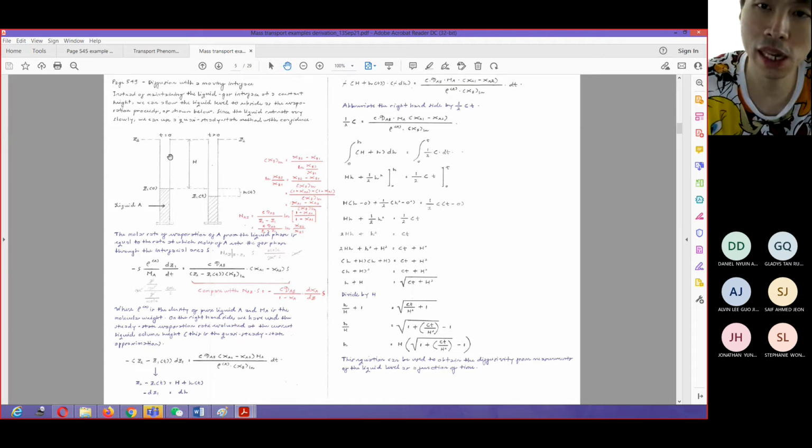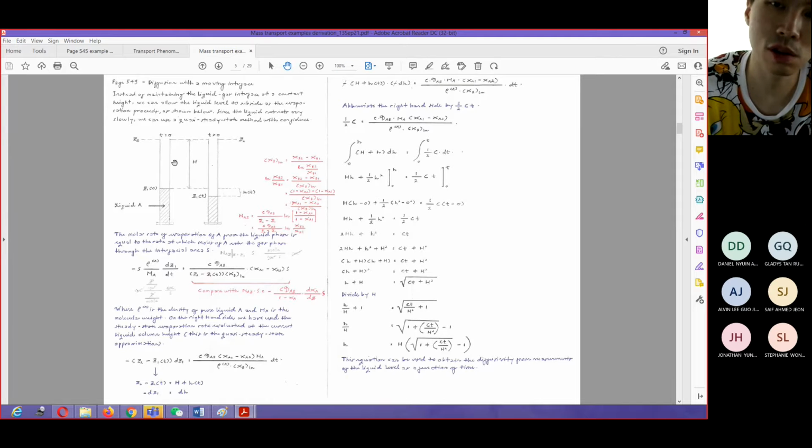We find that that will be the head in the beginning before we start flowing any gas on top of this glass container. Okay, then we will come up with a very simple equation that relates the diminishing head of the liquid with respect to time.